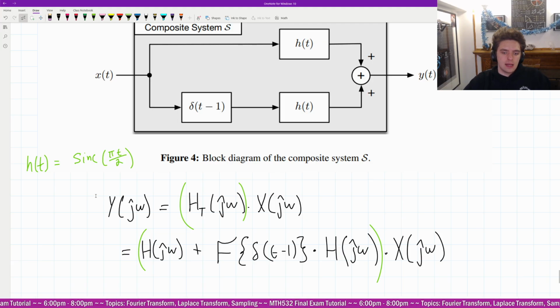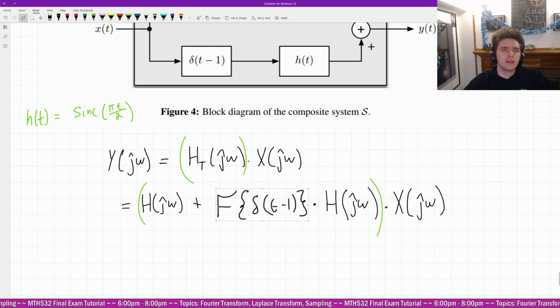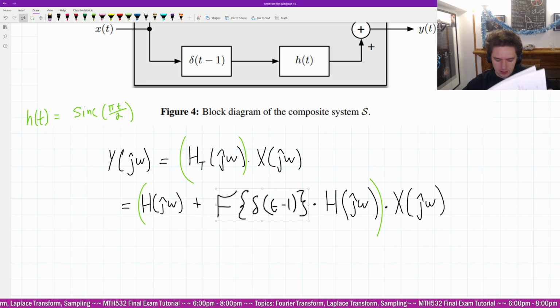And we have to find out what the Fourier transform of this is. The Fourier transform of delta is 1, but there's a shift.